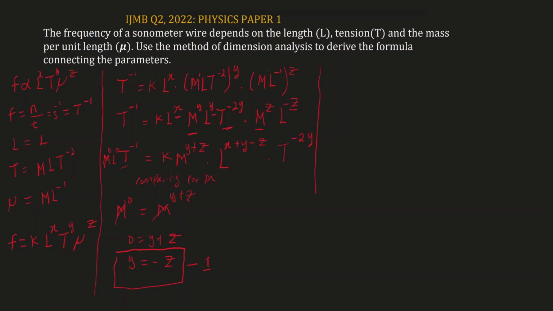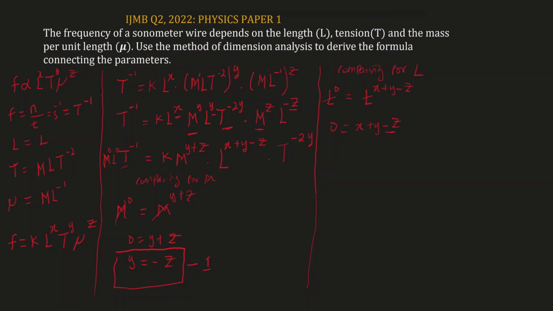Now going forward, let's pick the next parameter. Comparing for L. On the left-hand side, we have L to the power of 0 equal, on the right-hand side, we have L to the power of X plus Y minus Z. So L cancels L, 0 equals X plus Y minus Z. We can make Z subject of formula.